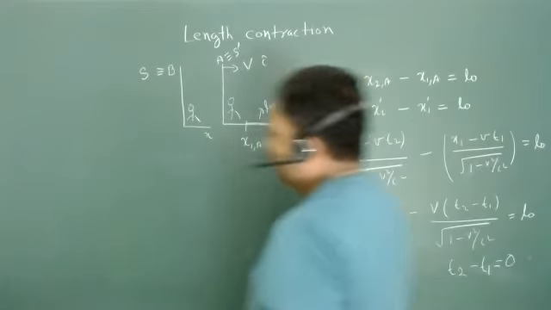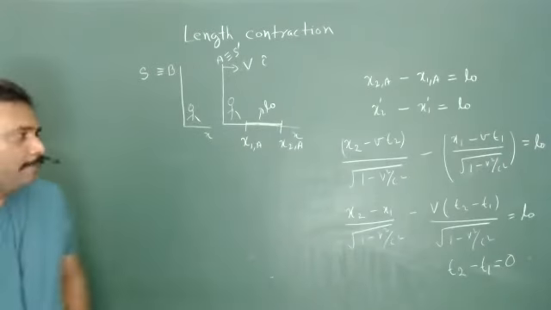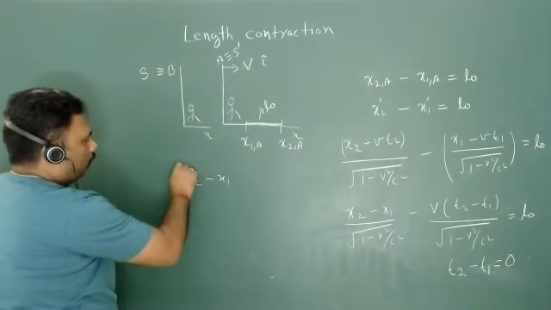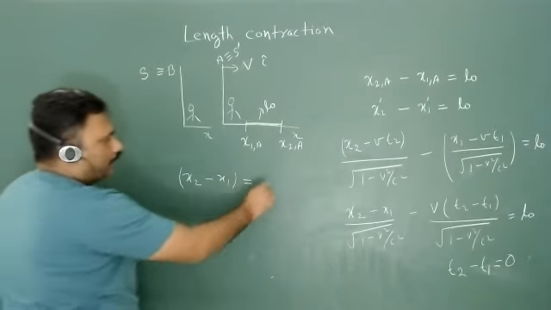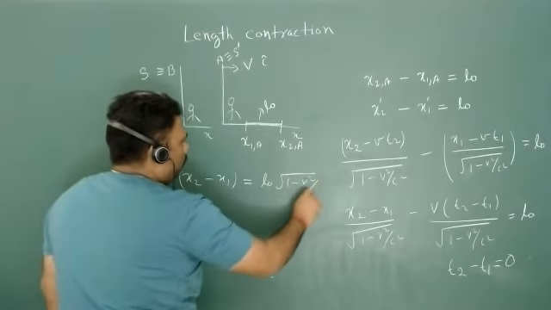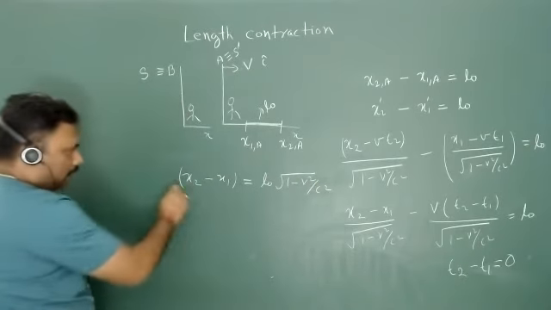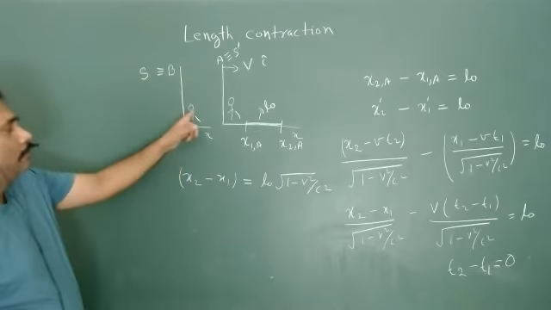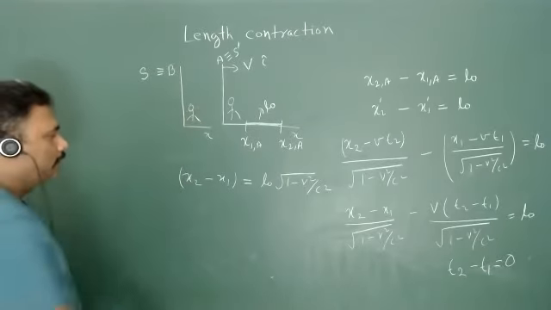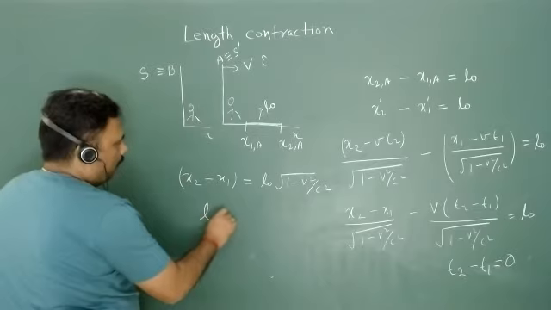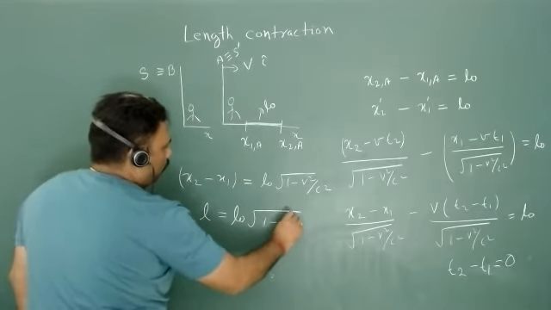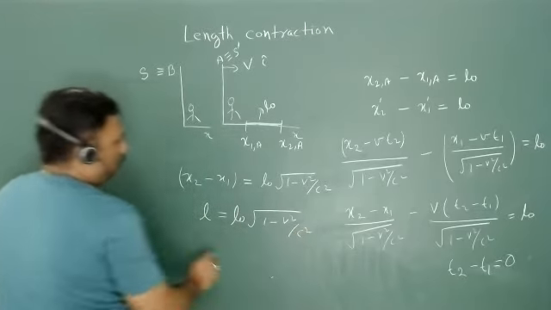Now the spatial part, x2 minus x1, can be written as L0 times root under 1 minus v squared by c squared, and this is the appeared length to this person. Let's say this length is L, and that will be L0 times root under 1 minus v squared upon c squared.